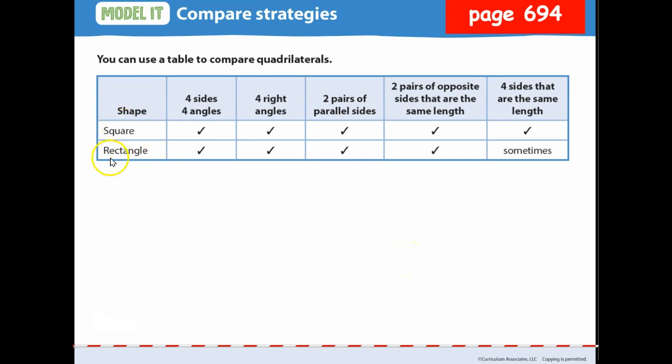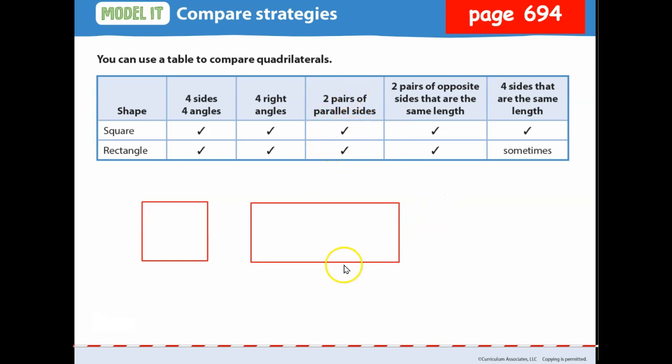All right, so here you have a square and a rectangle. You could use a table chart like this. They both have 4 sides and 4 angles, right? Yes. They both have 4 right angles. Good. Let me try to do a perfect square like that, and then here's a rectangle.